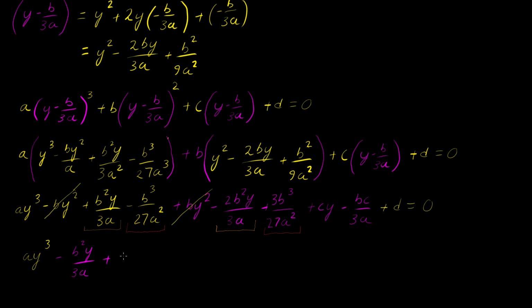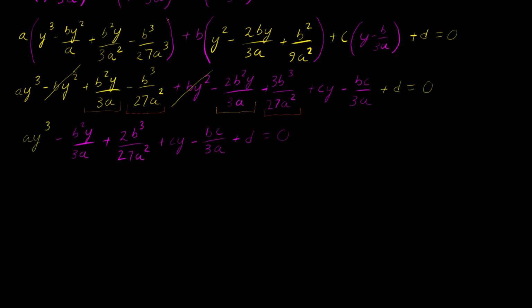So we're going to be left with negative b squared y over 3a plus 2b squared y over 3a. We're going to be left with this negative b cubed plus this 3b cubed is going to give us 2b cubed over 27a squared. But anyway, now we're just left with a plus cy minus bc over 3a. And then we have our plus d is equal to 0. So that simplified quite nicely.